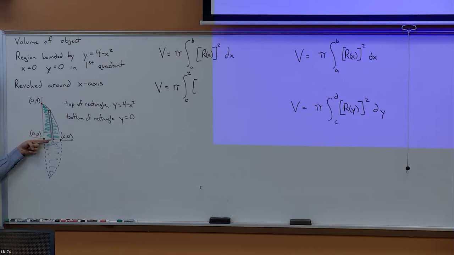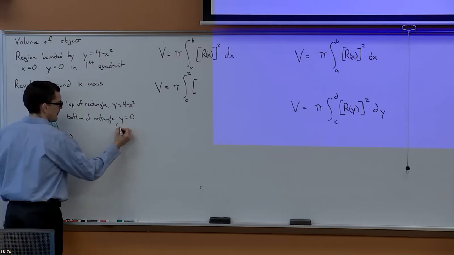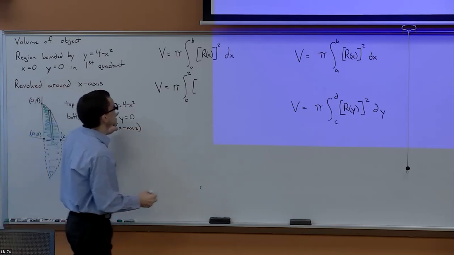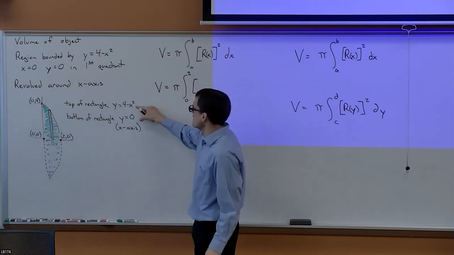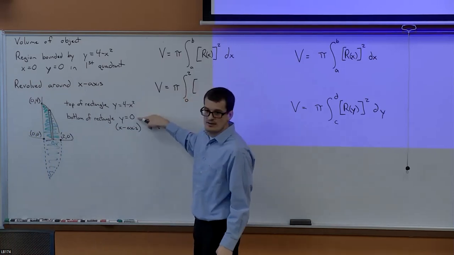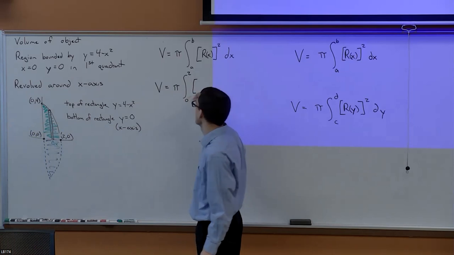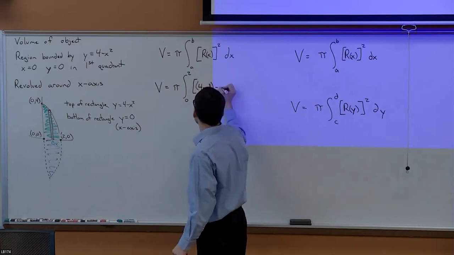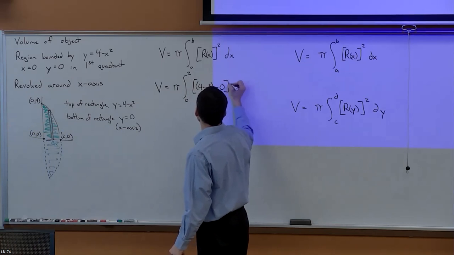X-axis is y equals 0. So that means my radius is always from here to here. It's from 4 minus x squared down to 0.